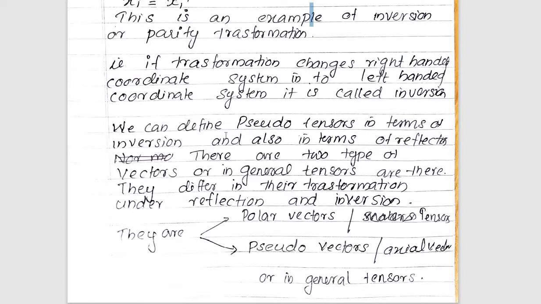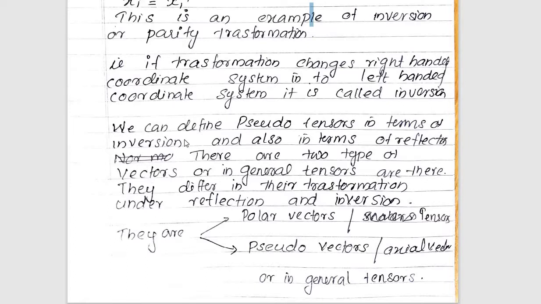We can define pseudo tensors in terms of inversion, and also in terms of reflection. There are two types of vectors, or in general tensors.